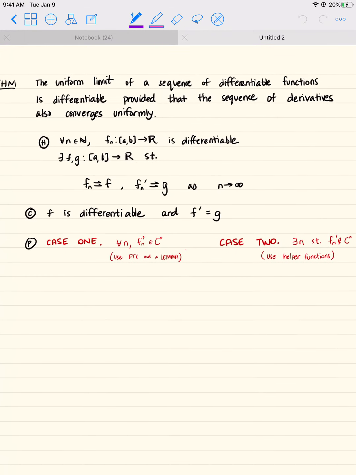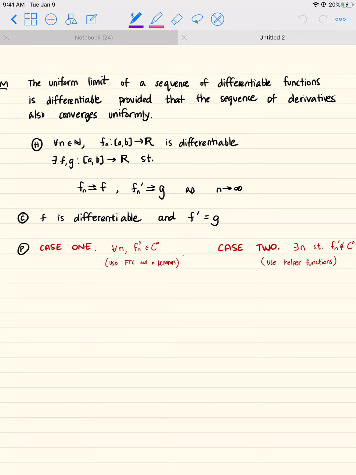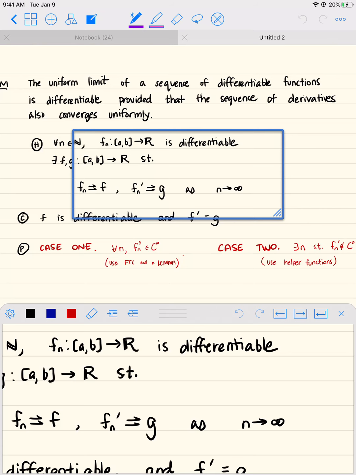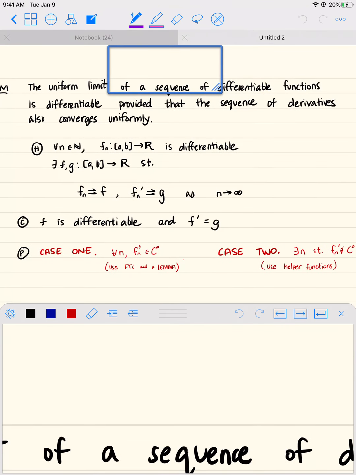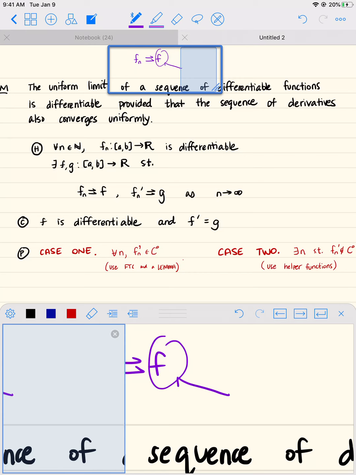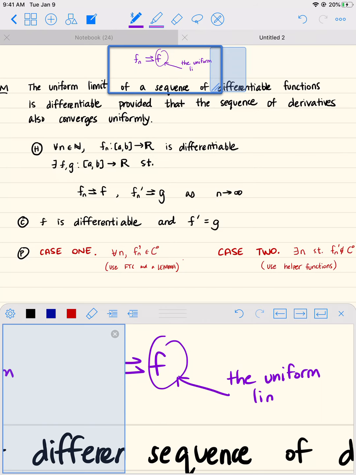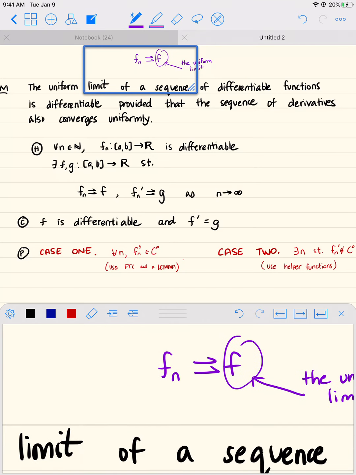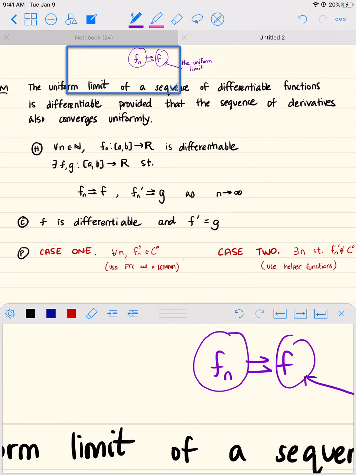The theorem says that the uniform limit of a sequence of differentiable functions is differentiable, provided that the sequence of derivatives also converges uniformly. So just to break this down, what does this mean? Remember, for our notation, if we write Fn converges uniformly to F, then this F is the uniform limit of these limiting functions.